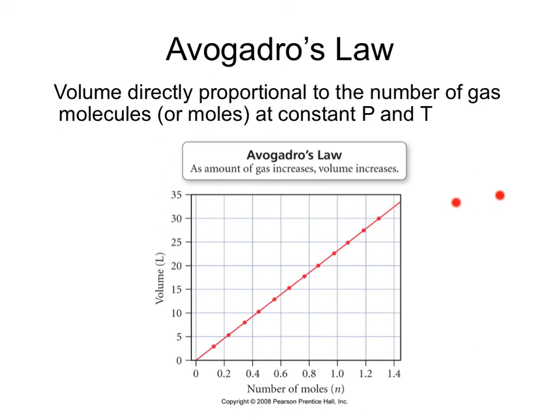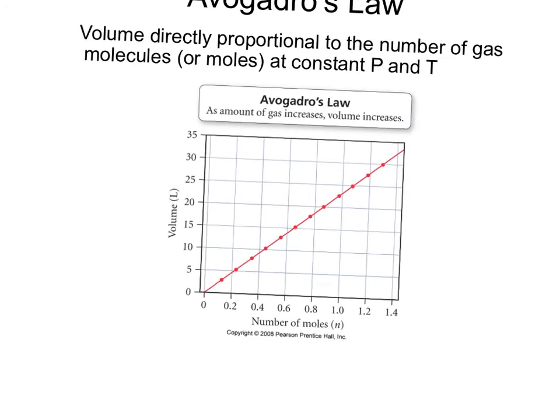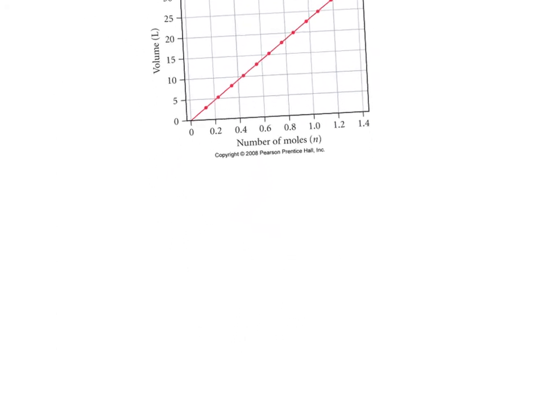Now, another part of the Avogadro's law story is that back in the day, let's say he was looking at hydrogen plus oxygen forms water, all in the gas phase.